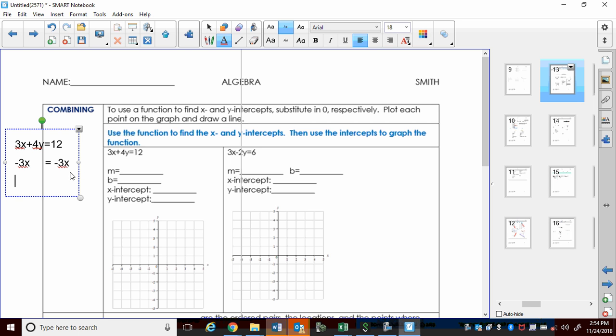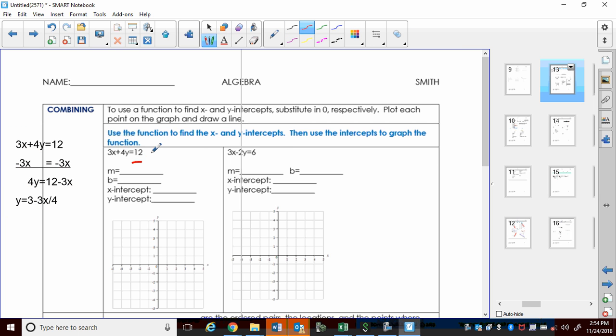The 3x's go away, and I'm left with 4y equals 12 minus 3x. Okay? Divide both sides by 4, and I get y equals 3 minus 3x over 4. So when I write this out, I have a slope of negative 3 over 4. My b is 3.